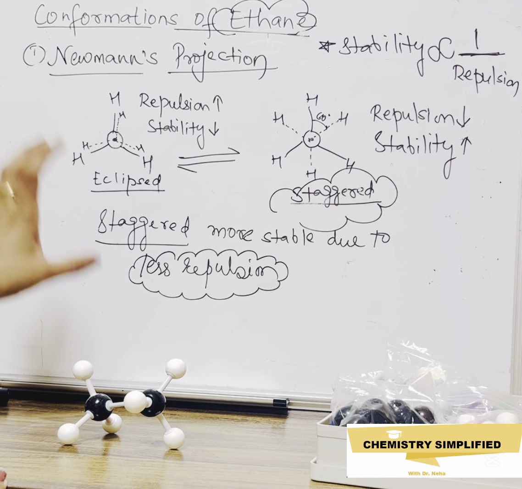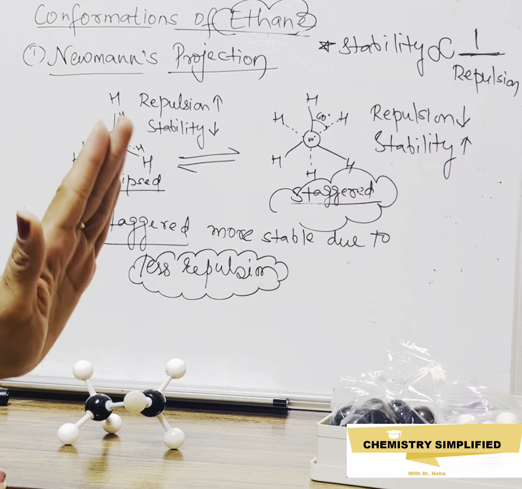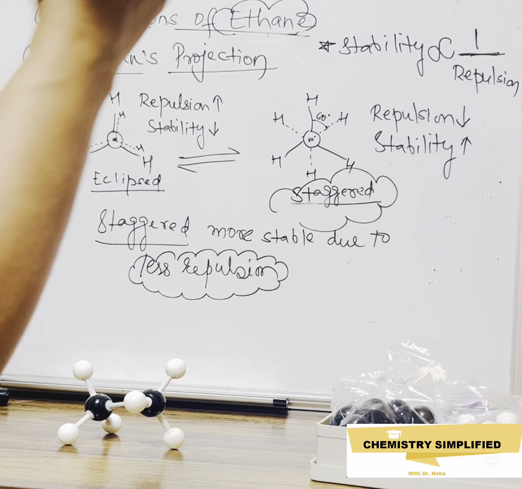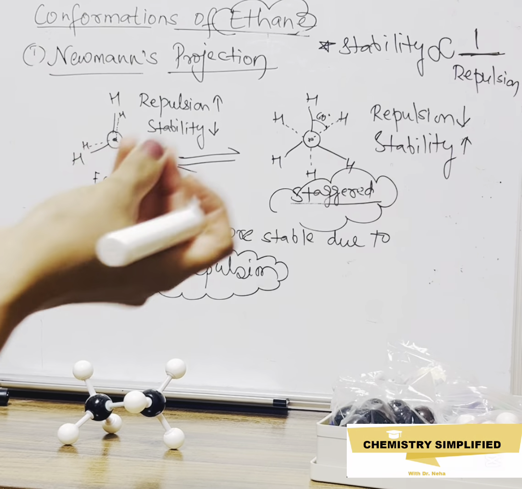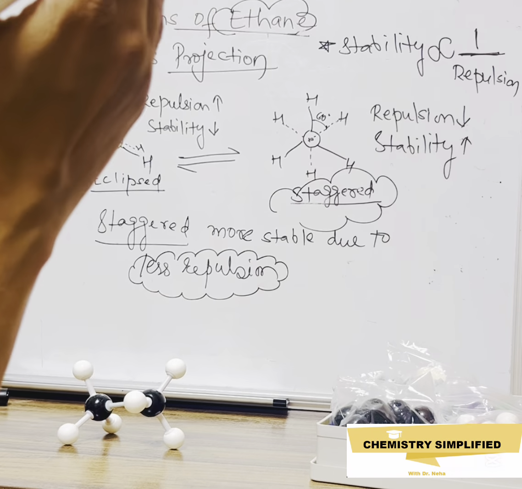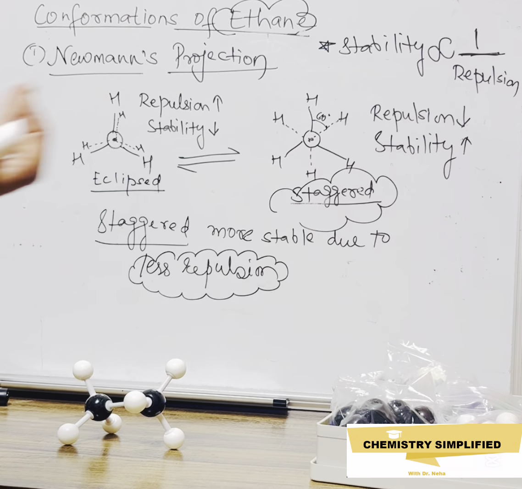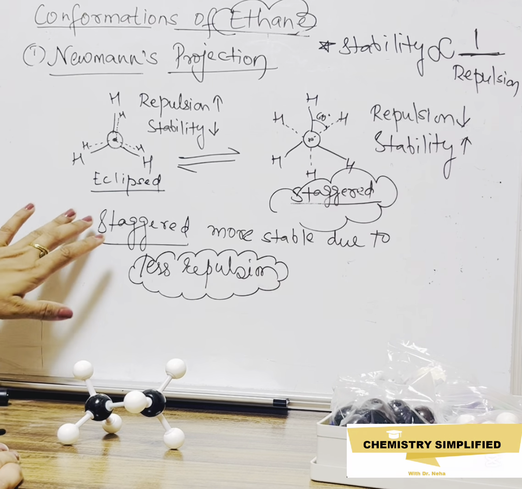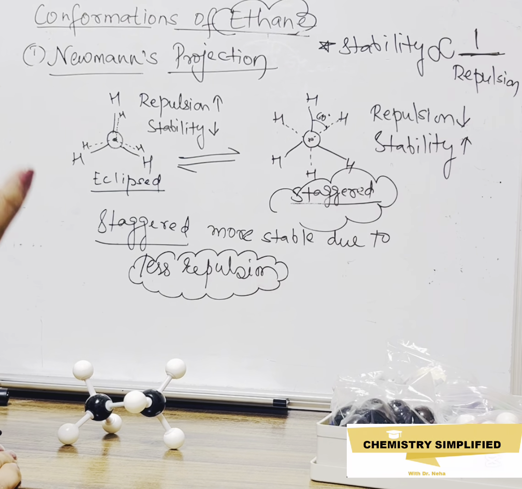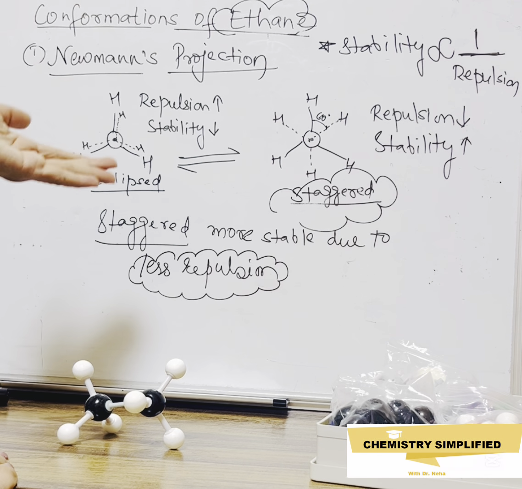Why? Due to very little energy gap. They do not have much energy difference, because if a conformer has a very high energy gap, it's very difficult to change from one form to the other. But as eclipsed and staggered have a very small energy gap, they are easily interconvertible. How much is the energy gap?